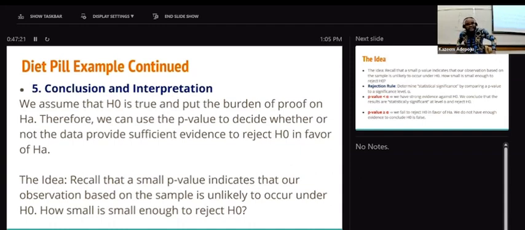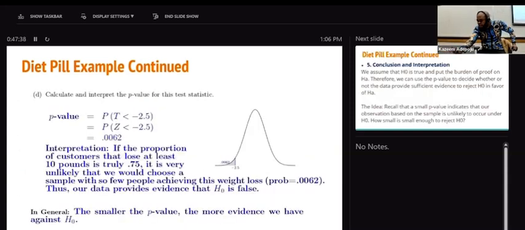We assume that H0 is true and put the burden of proof on the data. Therefore, we can use the p-value to decide. It's very unlikely we would choose a sample with a result like that.